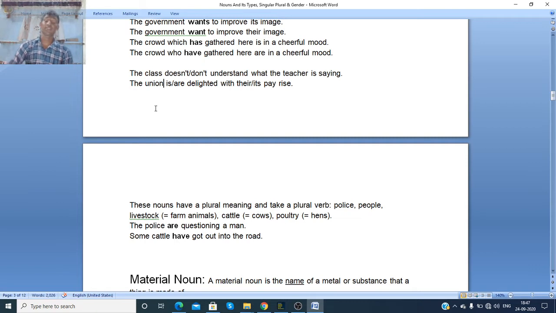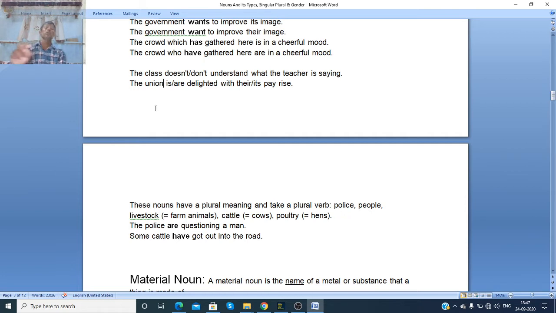So when we see a collective noun, a group of people or animals, where some of them are happy, some are not happy, some agree, some disagree, some are healthy, some are not healthy, then we use plural.